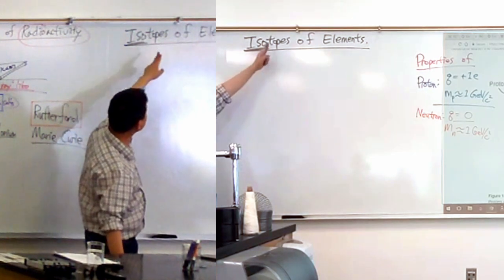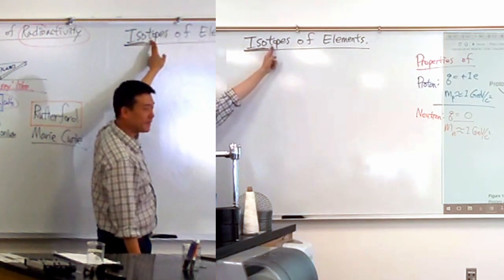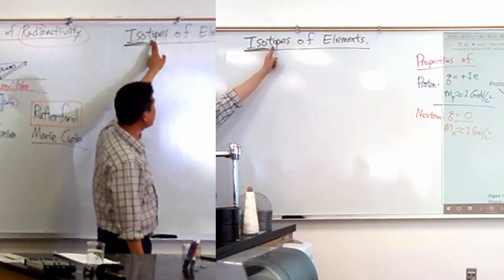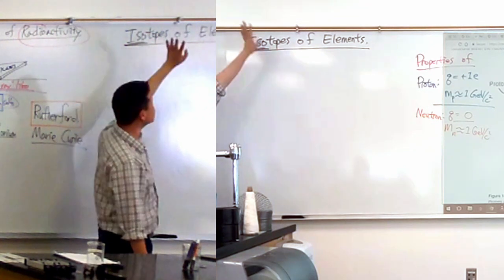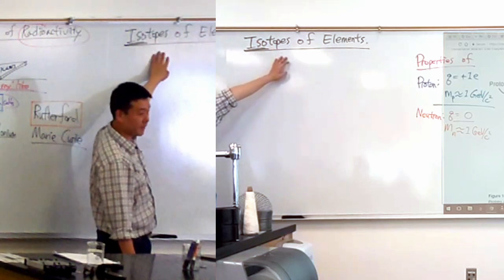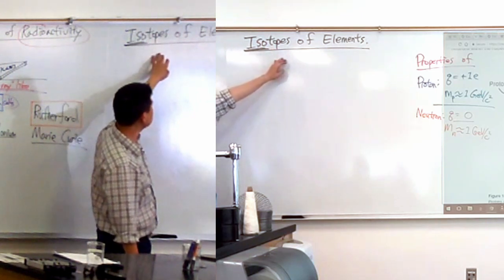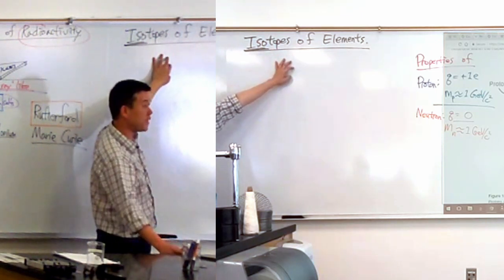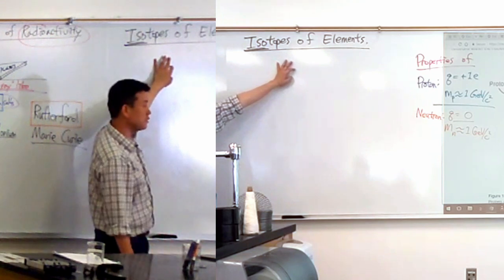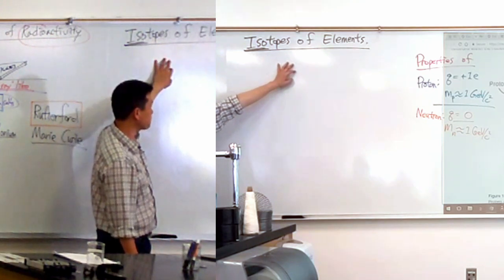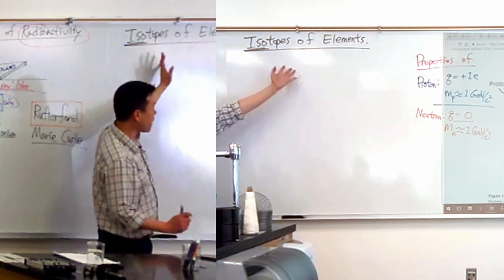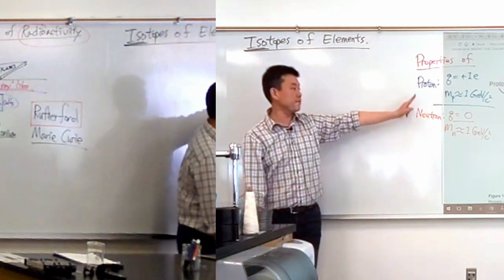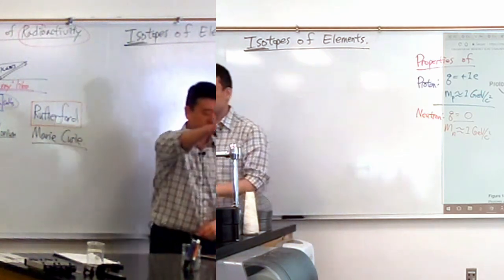It has an equal number of protons. When you're referring to an isotope of a particular element, you are looking at the particles which have the same number of protons but different numbers of neutrons. This is what I mean.